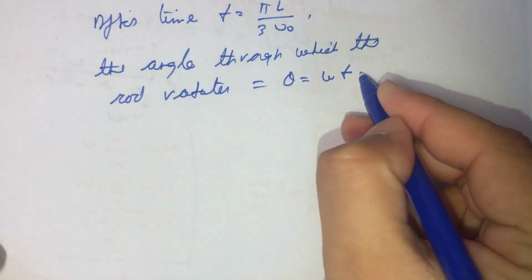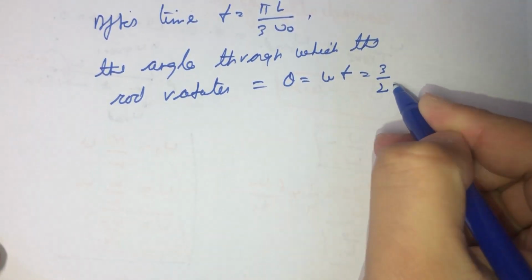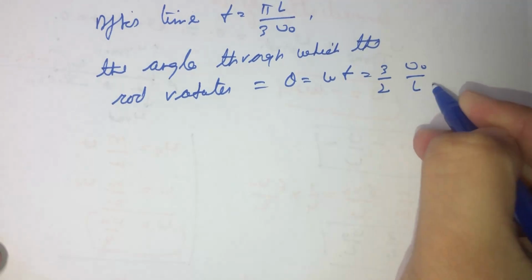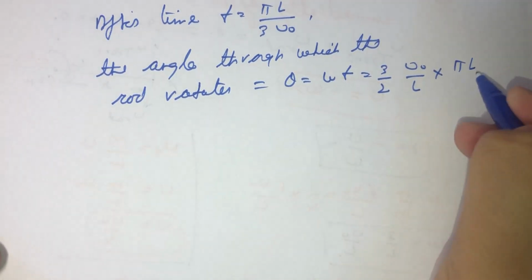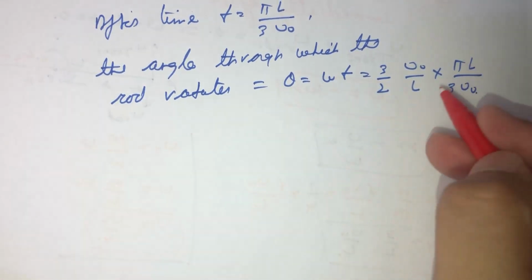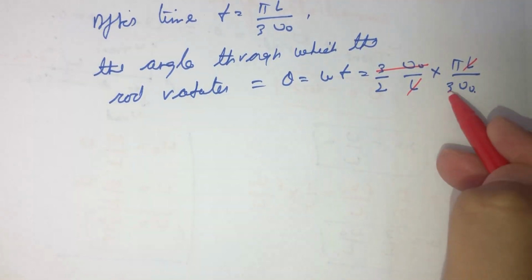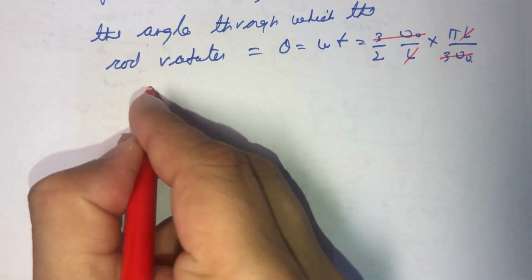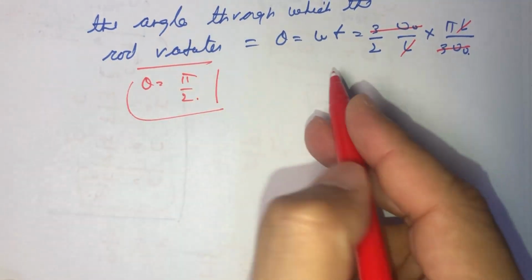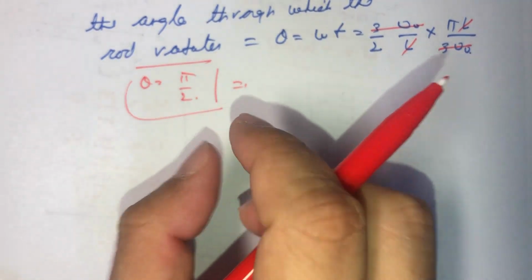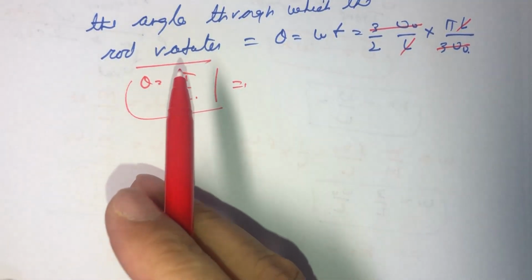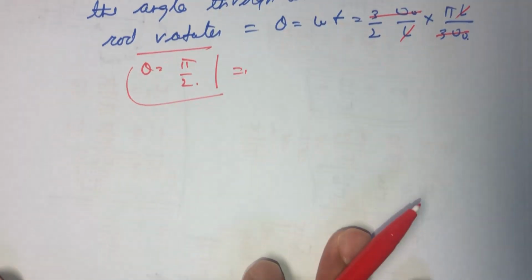Omega we already calculated, so this becomes 3 by 2 V naught divided by L multiplied by pi L upon 3 V naught. Length cancels out, 3 V naught also cancels out, so we get theta is equal to pi by 2. So it means there will be a rotation of 90 degrees.